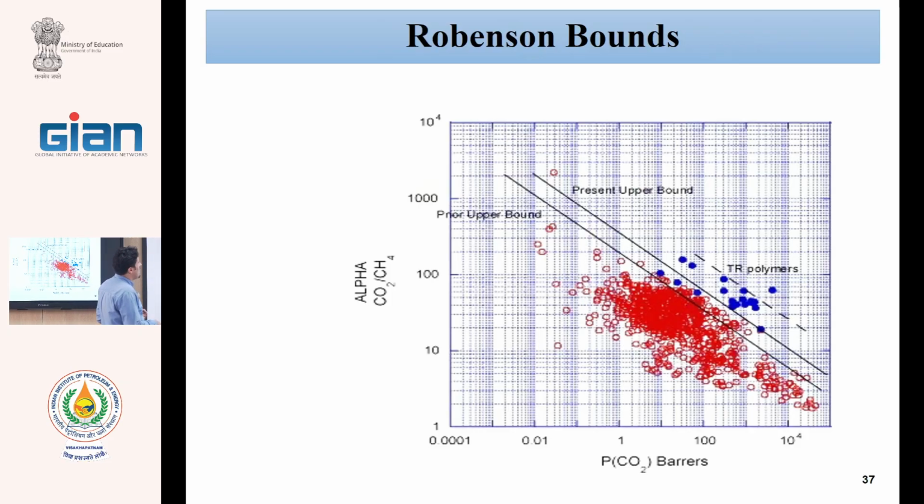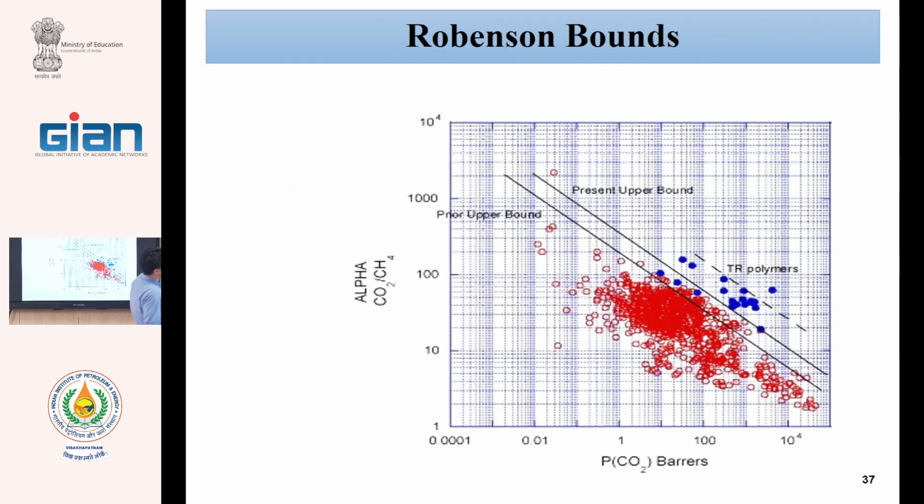And as a final slide, in gas separation, we have the Robeson boundary, or Robeson bound, that shows the permeability and selectivity. We know with increasing of flux, increasing of permeance, the selectivity reduces.